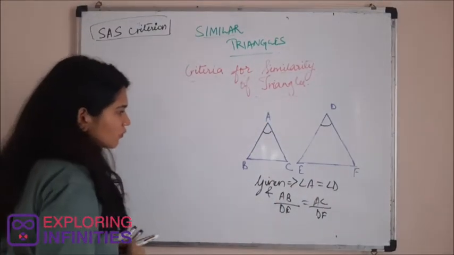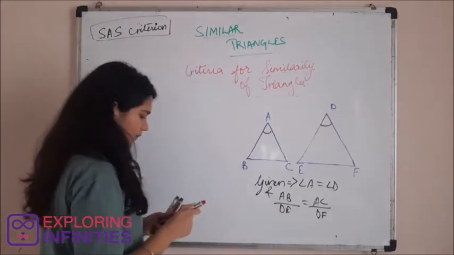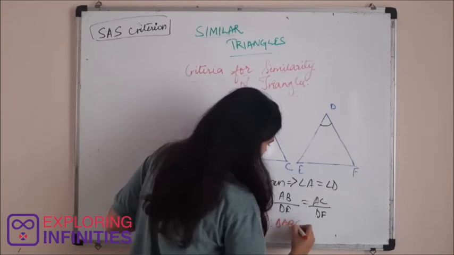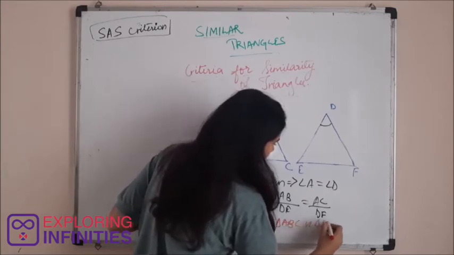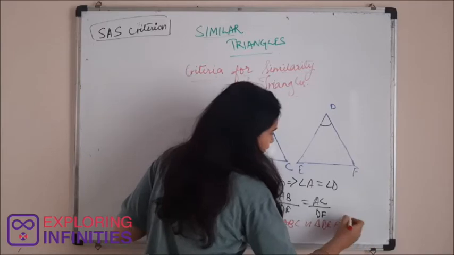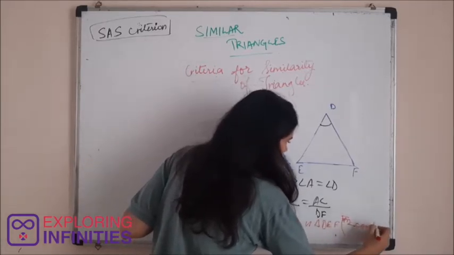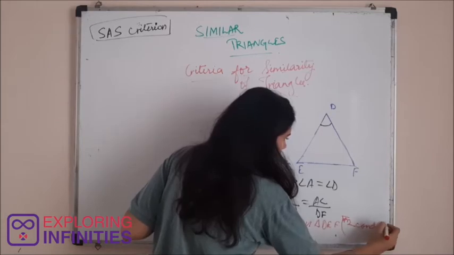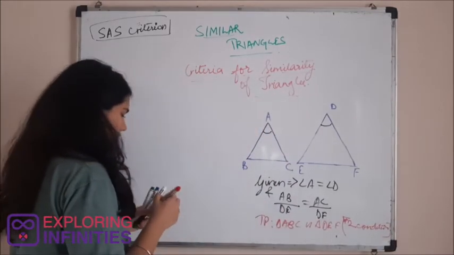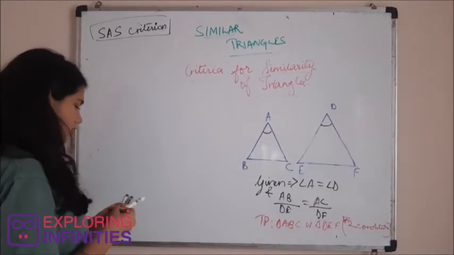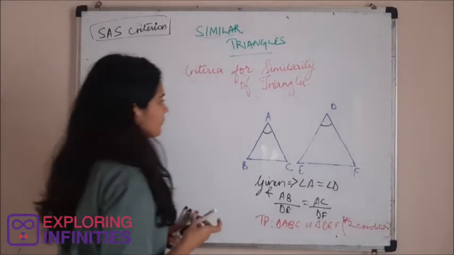Now what you have to prove is that triangle ABC is similar to triangle DEF. And for that you require those two conditions, right? So we partially have those two conditions with us. What will we construct now?